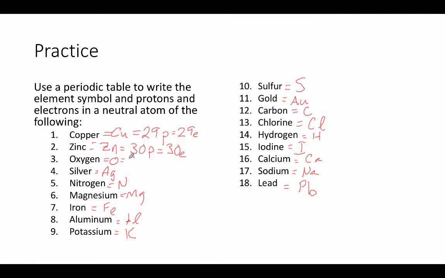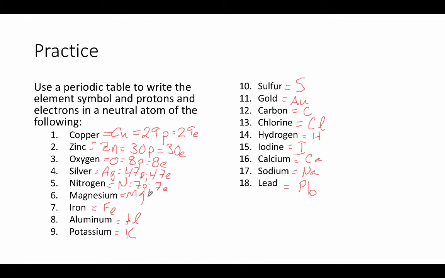Oxygen is element 8, so we have 8 protons and 8 electrons. Silver is element 47, so we have 47 protons and 47 electrons. Nitrogen is element 7, so we have 7 protons and 7 electrons.